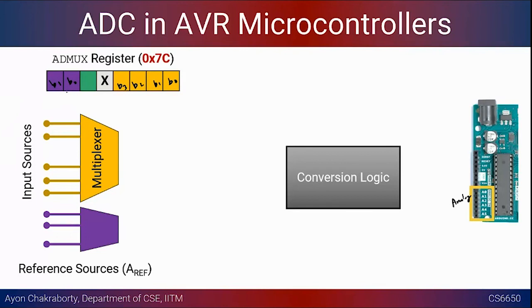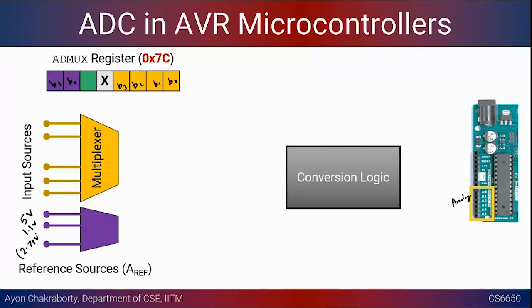So the default reference source could be 5 volts, but there are other options that are possible. For example, you can put a 1.1 volt reference source, or you can even put your own reference voltage, right? There is one pin where you can actually put your own reference from outside, and let's say this is 2.78 volts, right?